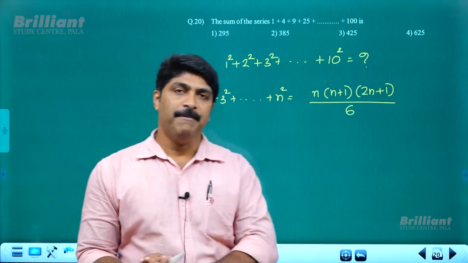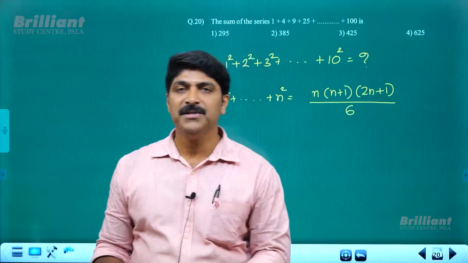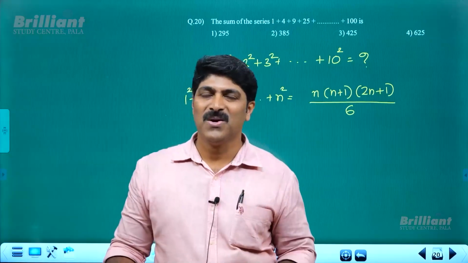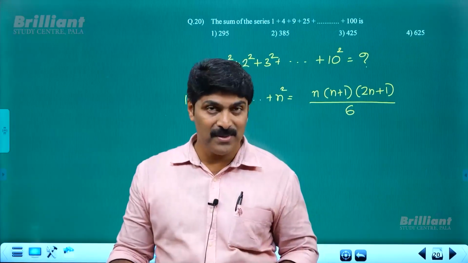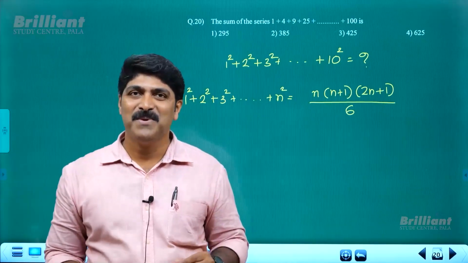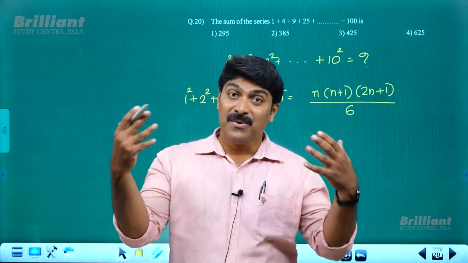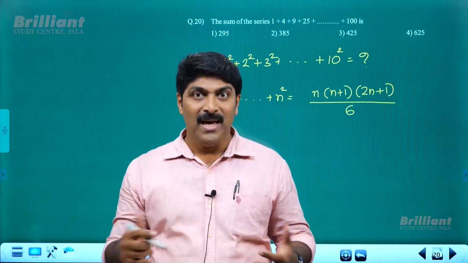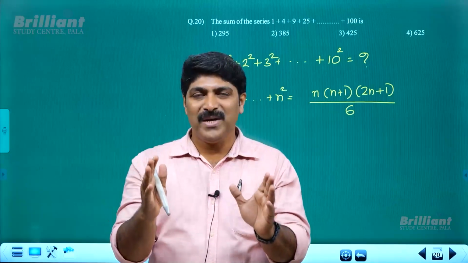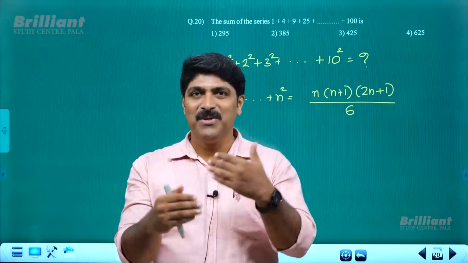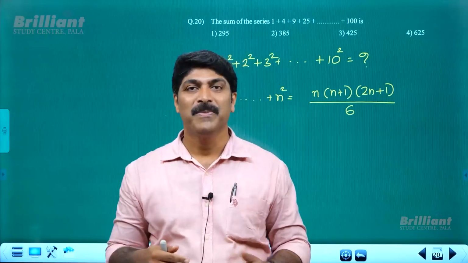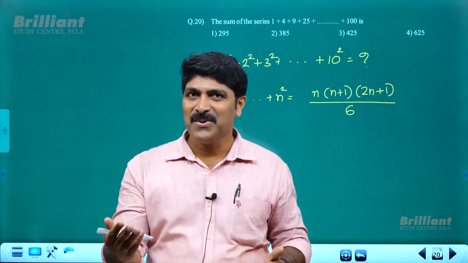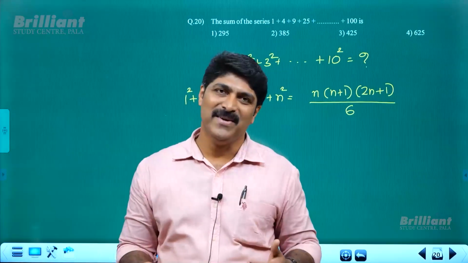In your preparation, you have to include these summation results: sum of first n natural numbers, odd natural numbers, even natural numbers, squares, natural squares, odd natural squares, even natural squares, and the sum of first n natural cubes, that means 1 cube, 2 cube, 3 cube, etc. n cube. There are classifications like odd natural cubes and even natural cubes. Like that, you have to practice it well.